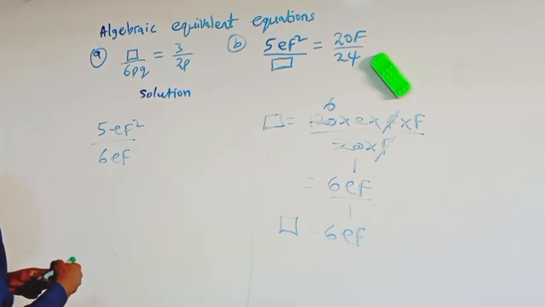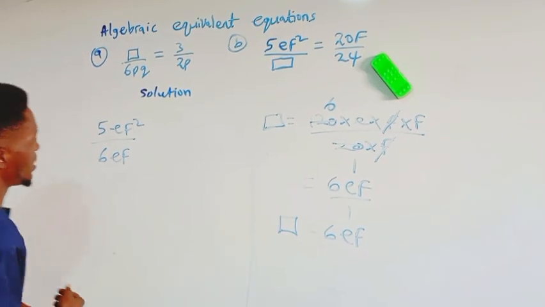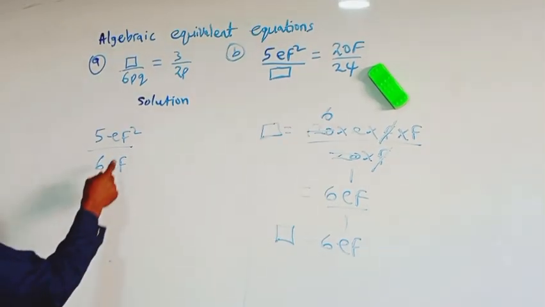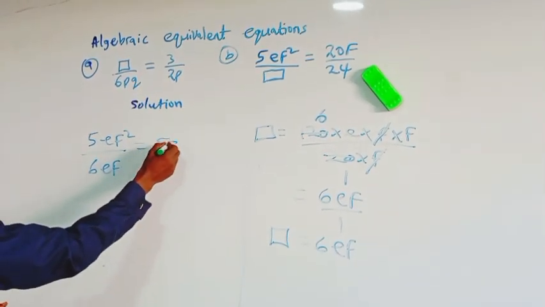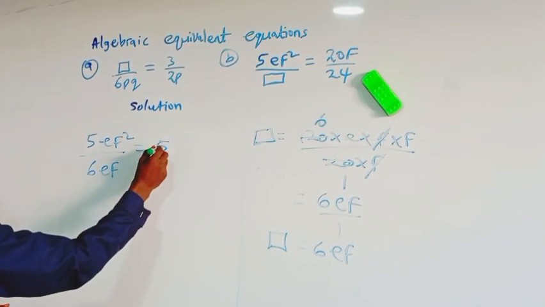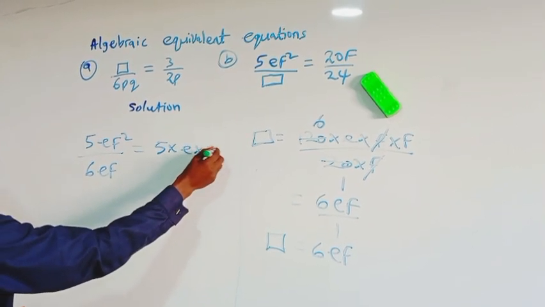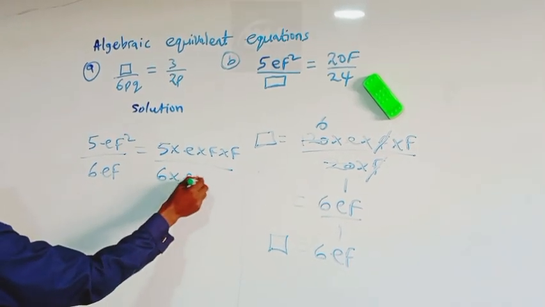I want to check if the value of the right hand side is equal to the value at the left hand side. This square can be written as 5 times e times f times f, over 6 times e times f.